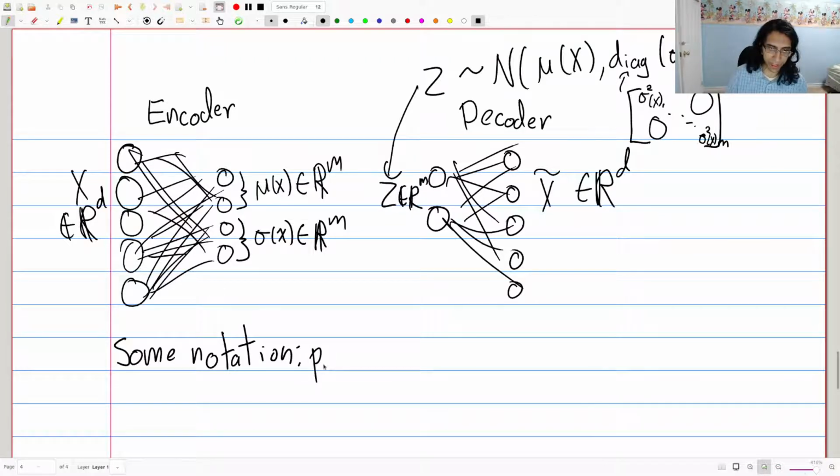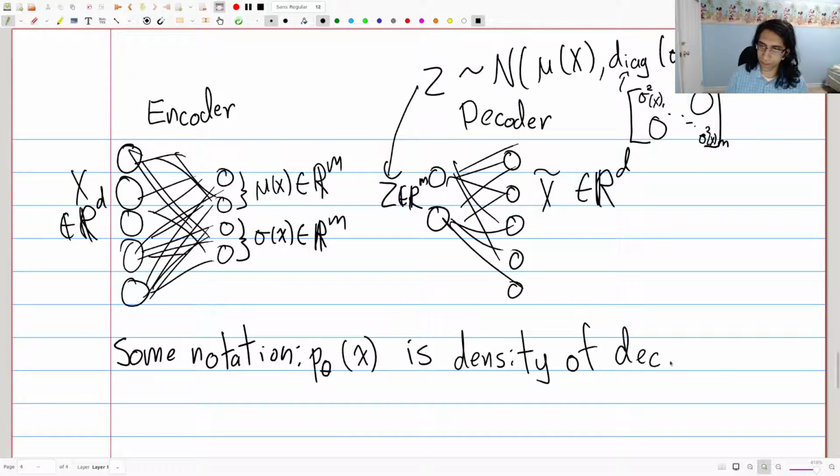What we want is p_theta(x). This is essentially going to be the density of the decoder network. You can think of theta as the parameters in this decoder network. You might be wondering, how is it a density, and where's the sampling going to happen?